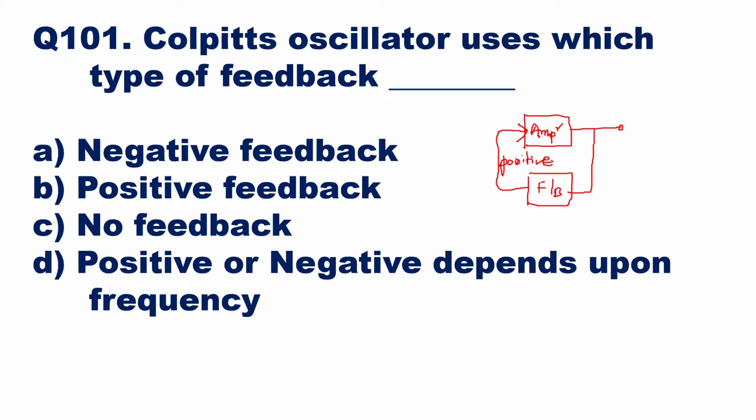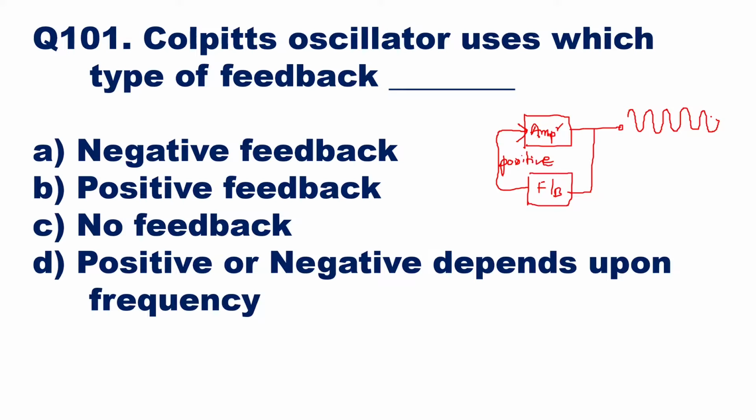It is in phase with the input, or it is going to aid the input, and therefore this type of arrangement will act as an oscillator which will produce repetitive waveforms of a certain specified frequency. So here the answer will be positive feedback.